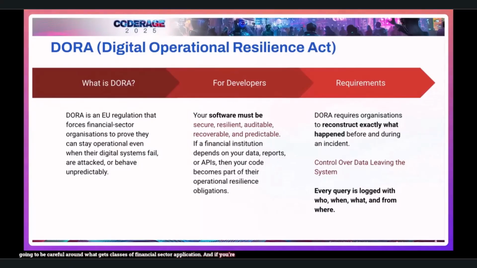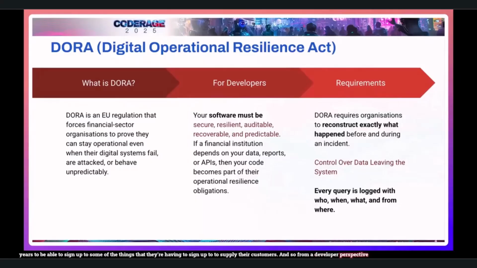If you're supplying software to organisations that are working within the supply chain of financial sector organisations, then you still need to be thinking about this, because you're likely to get asked over the coming months and years to sign up to some of the things that they're having to sign up to supply their customers.